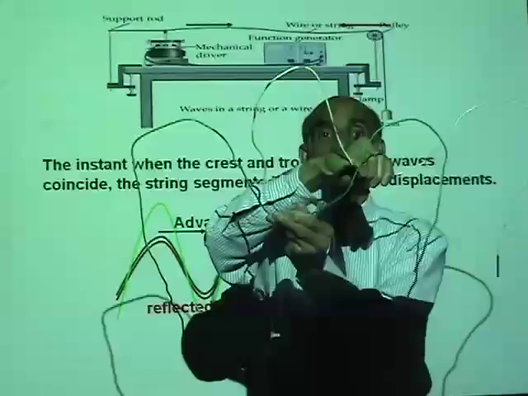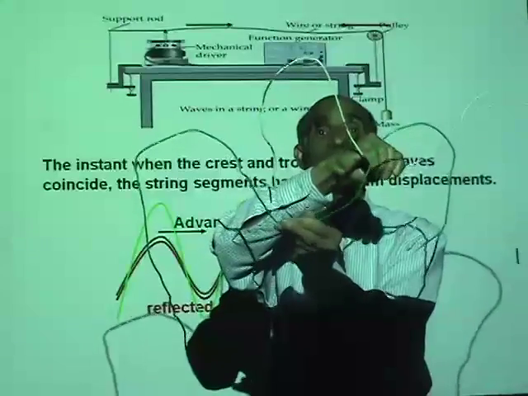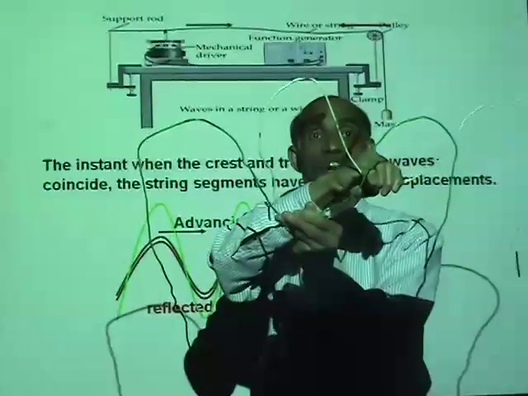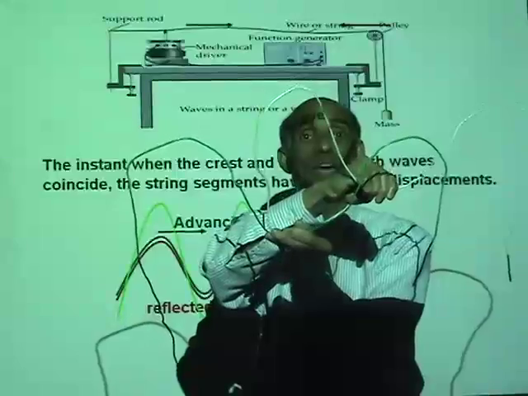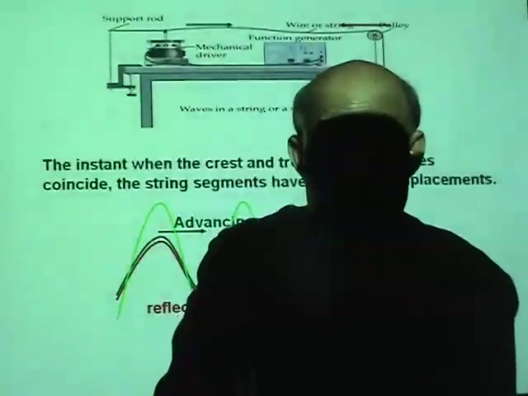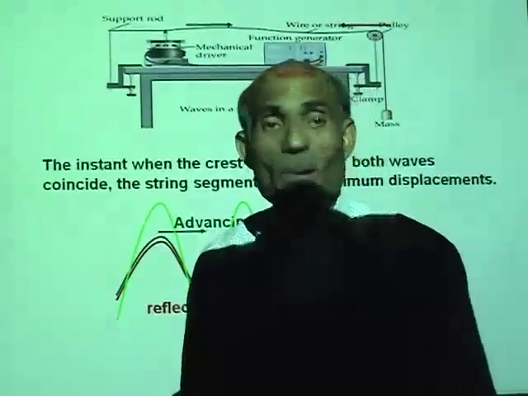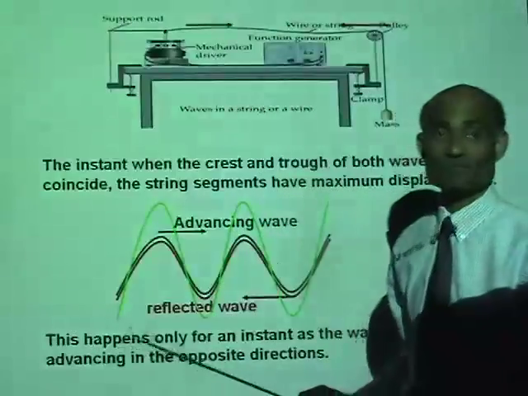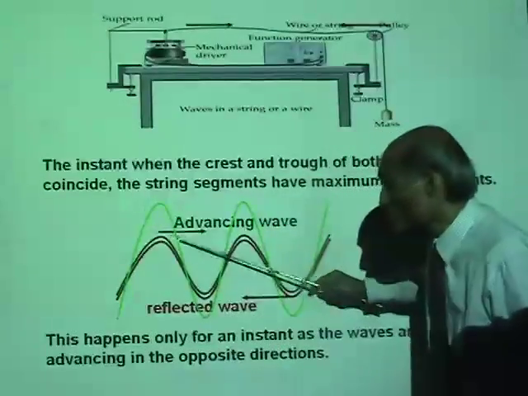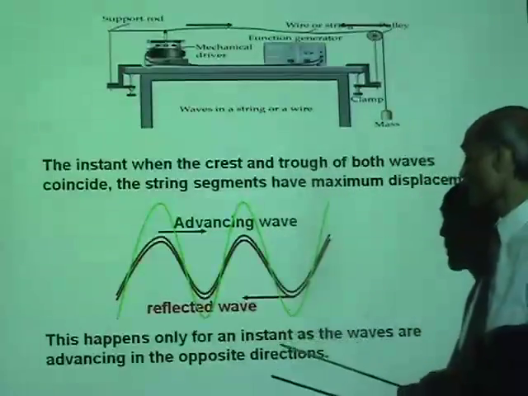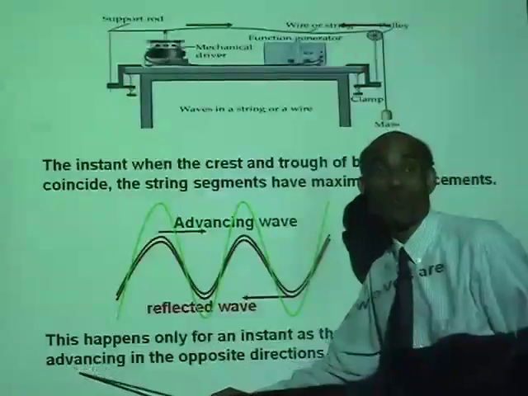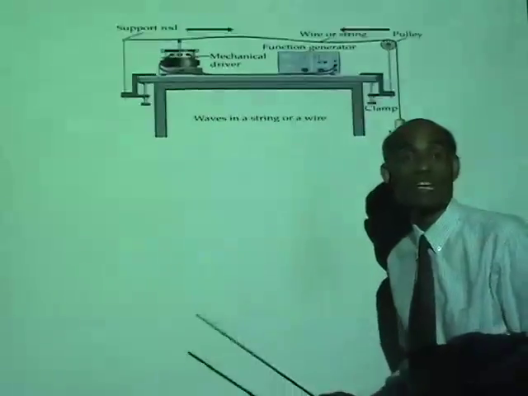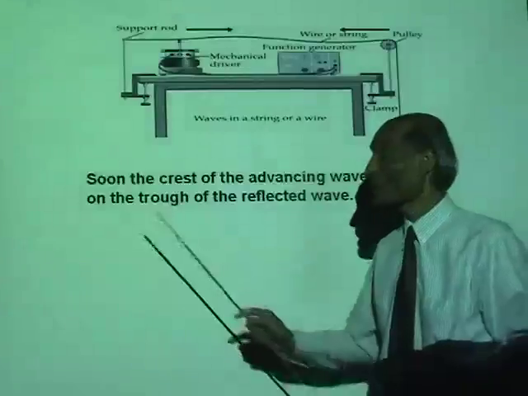Now the crest of the white wave is on the trough of the green wave. That means what will be the state of vibration of particles then? Now this situation happens only for an instant because the waves are advancing in opposite directions.